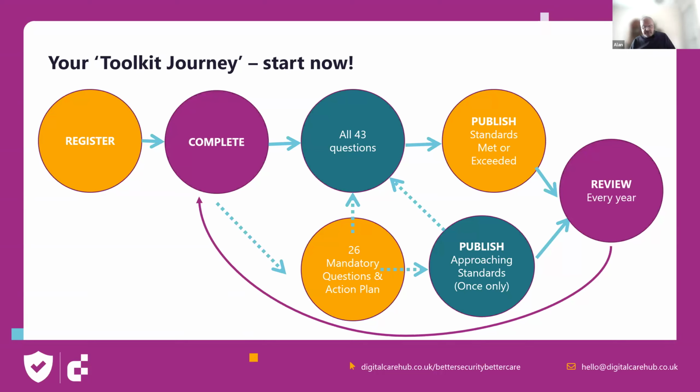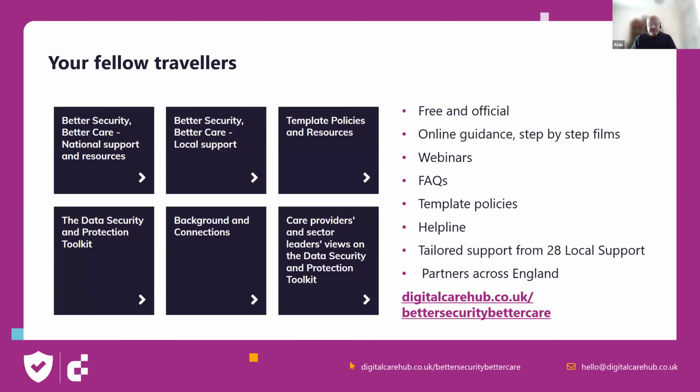But firstly, please remember that there is lots of support out there to help you on the journey. So Better Security, Better Care is the official partner on the DSPT, and the programme is paid for by the NHS, and it includes all sorts of online guidance, as you can see on screen here.